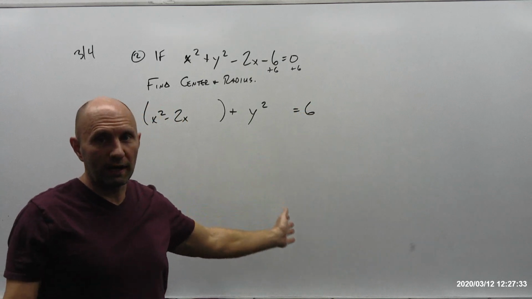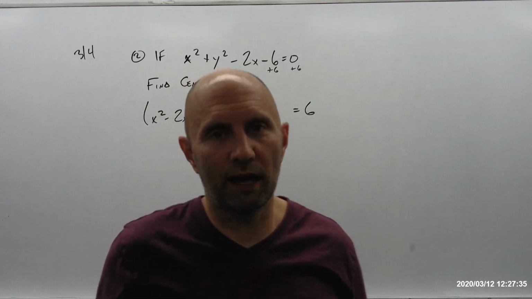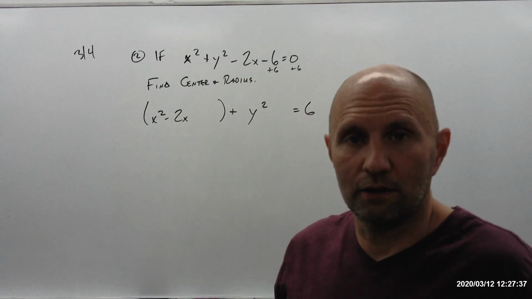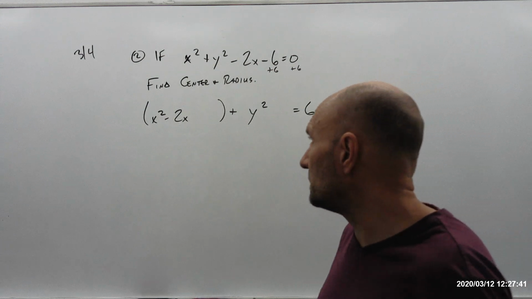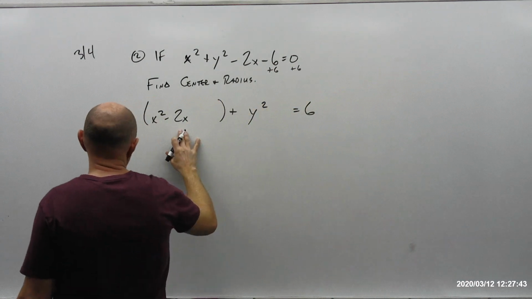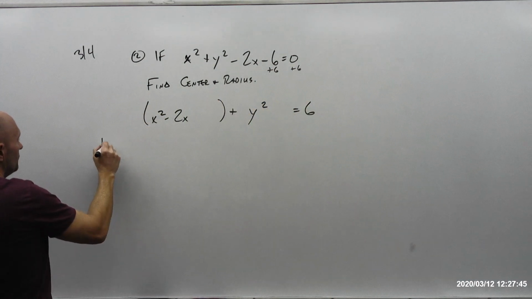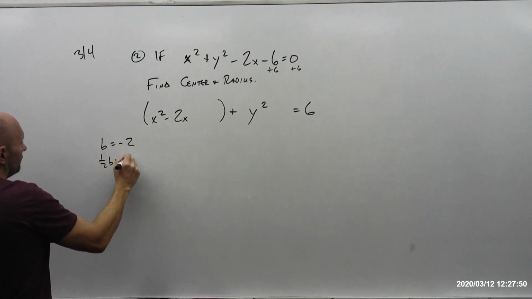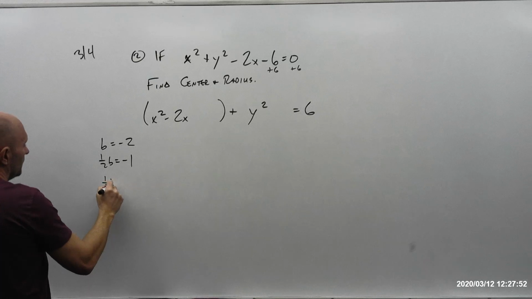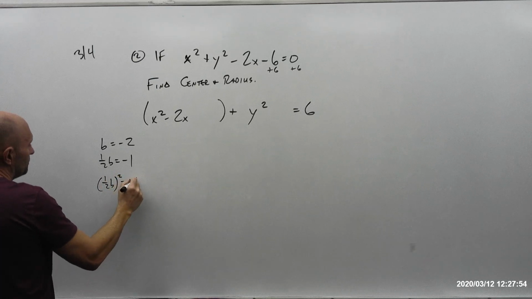So because all I have is a y squared, I don't have to complete the square on that guy. It's just going to be what? 0 is the coordinate for the center for the y piece. But for the x, I need to complete the square. So I take b, which is negative 2. Half of that is negative 1. Square that value is plus 1.